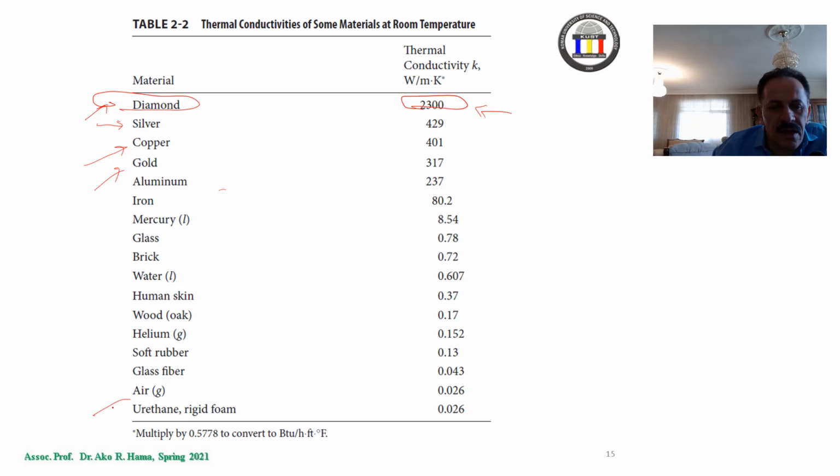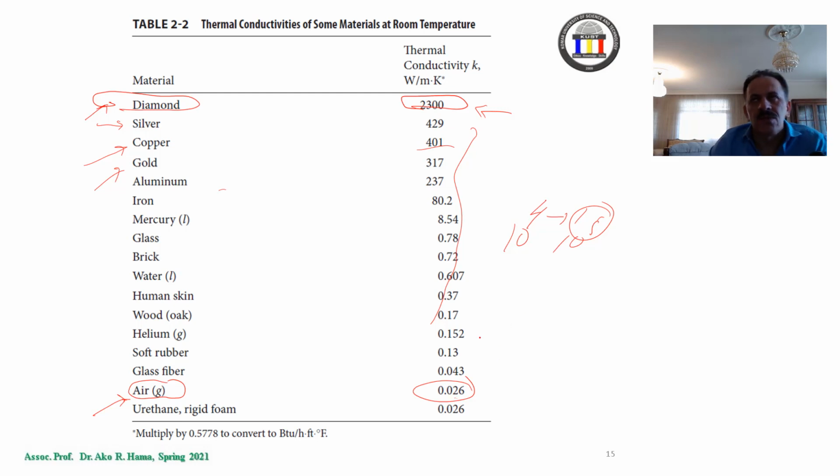Now look at the last thing that we have, the air. The air will only let you transfer 0.026 watts, while we have 2000 for the metals. So we have about 10 to the power 4 to 10 to the power 5 difference between silver, copper and the air.